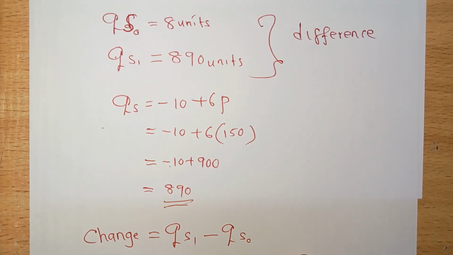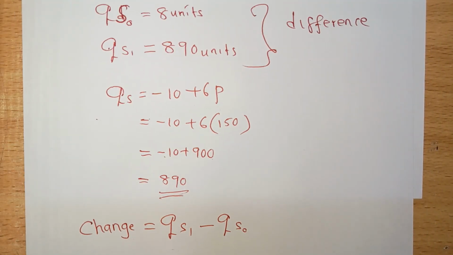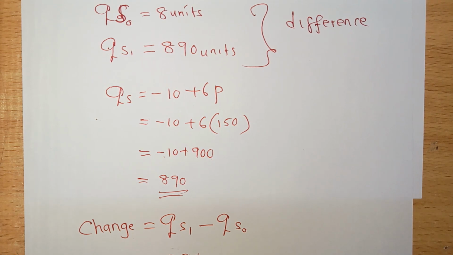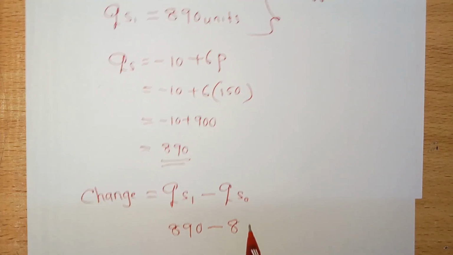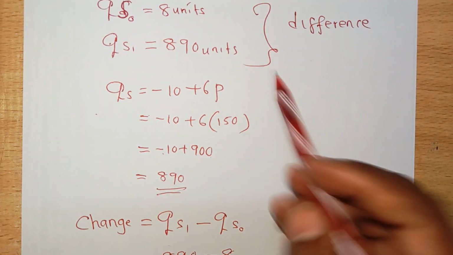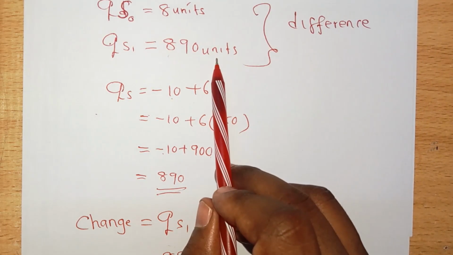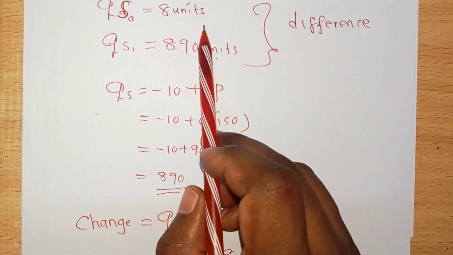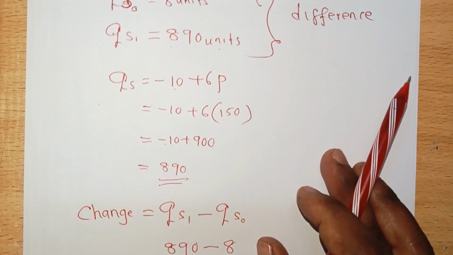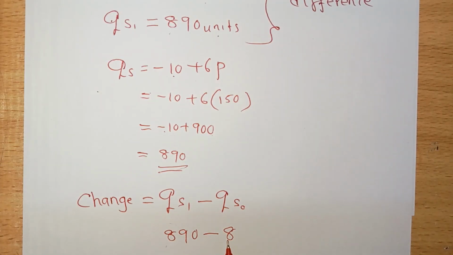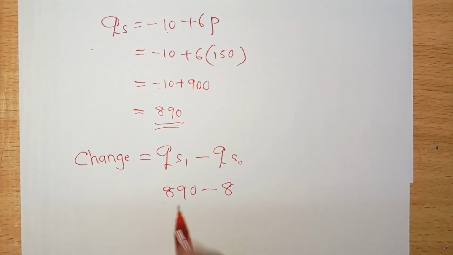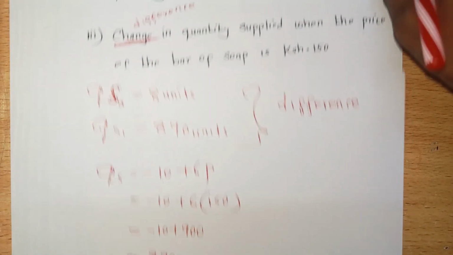Our new quantity supplied is 890. You subtract the old quantity supplied, which is 8 units. As you can see here, this is our new quantity supplied, and this is our old quantity supplied. So if you take 890 minus 8, the answer is supposed to be 882 units. So that's how you solve this question.